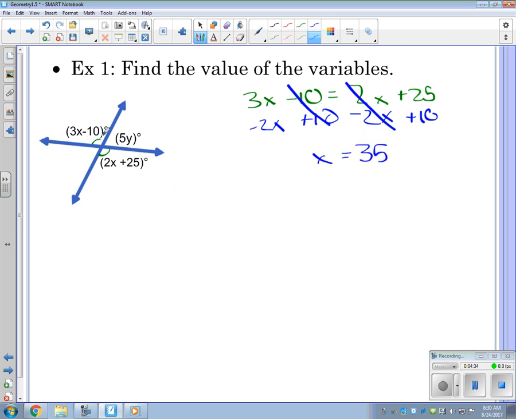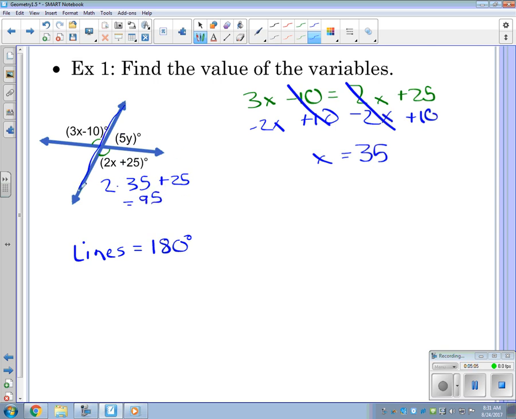Then I'm looking at the y. I don't have the angle across from it, so that's not going to help. But I do know that these two make a line. And because they make a line, we can kind of remember that lines equal 180 degrees. So I could plug the 35 in, maybe do 2 times 35 plus 25, which would give me 95. And then I know that these two are a linear pair.